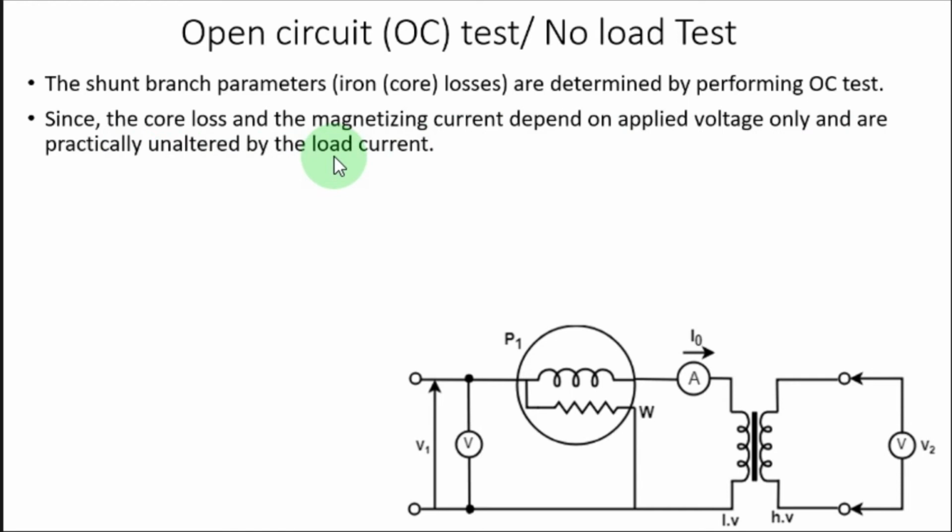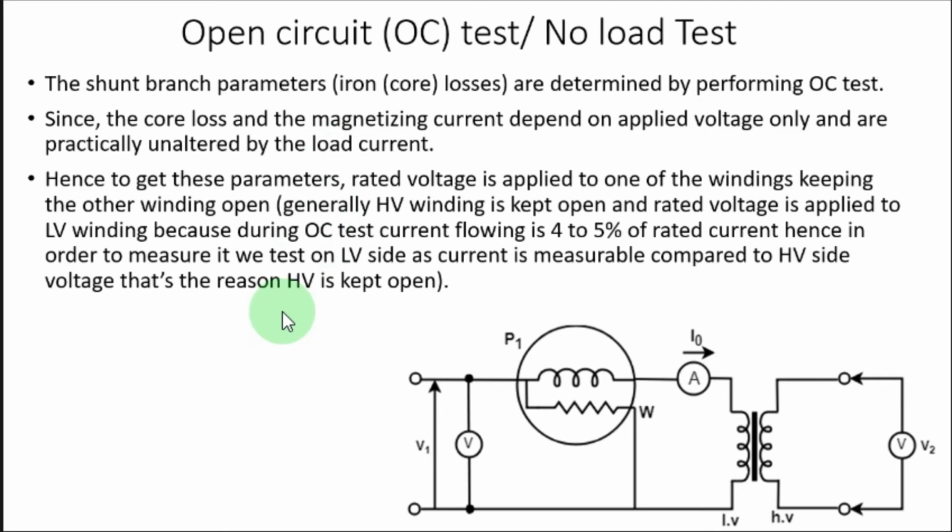So there is no impact on these parameters by the load current. Therefore, even if no load is connected at the secondary, the values can still be found from the open circuit test.